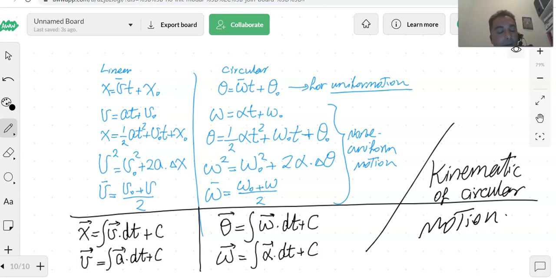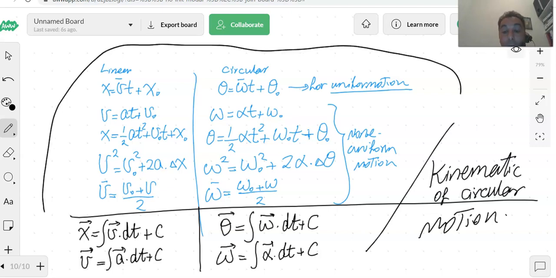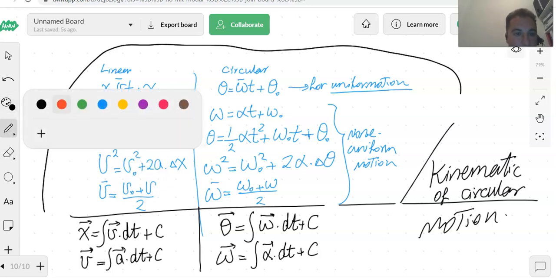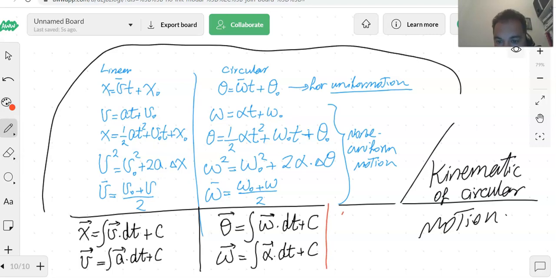In my next video, I will go over dynamics of circular motion. Please learn these equations. These are very important. Oh, I forgot also this one, very important. Tangent velocity v_t is r omega, and a_t is r alpha.